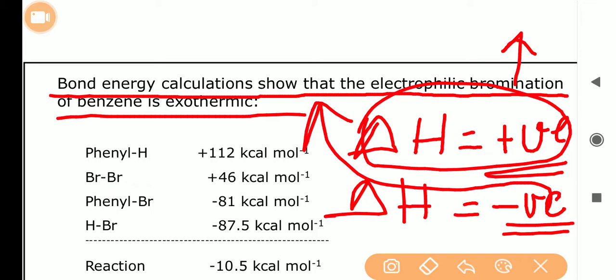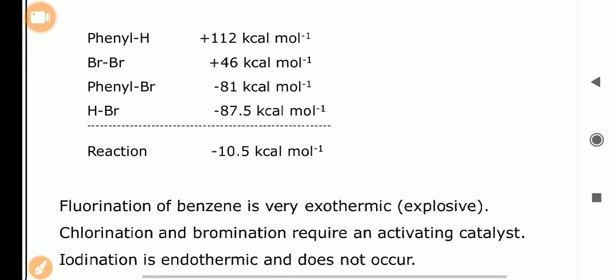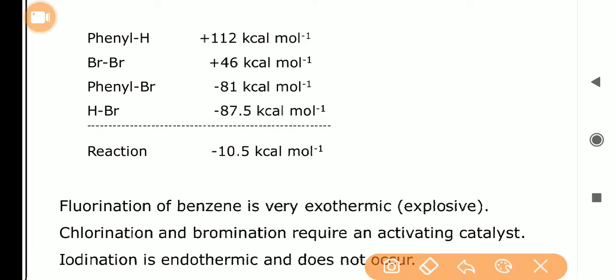So what we see over here is phenyl H. One of the hydrogen bonds breaks, one proton is abstracted, and the energy required is 112 kilocalories per mole. The Br bond breaks, requiring 46 kilocalories.